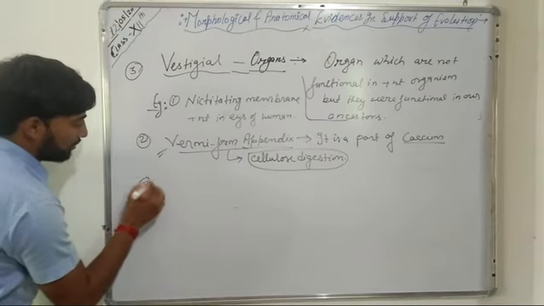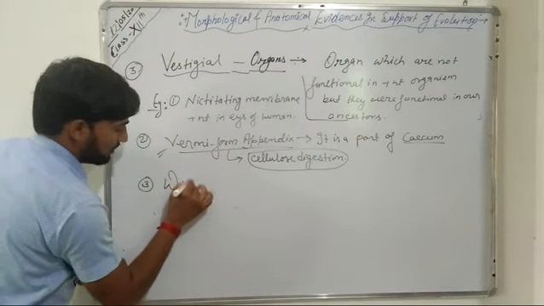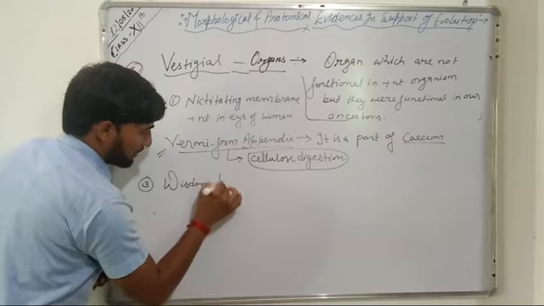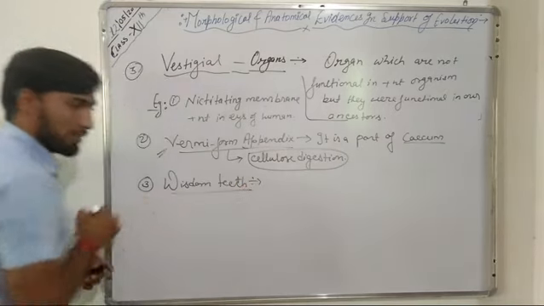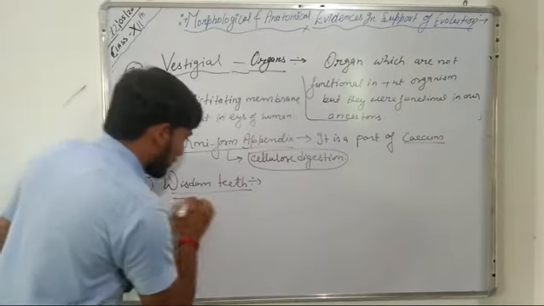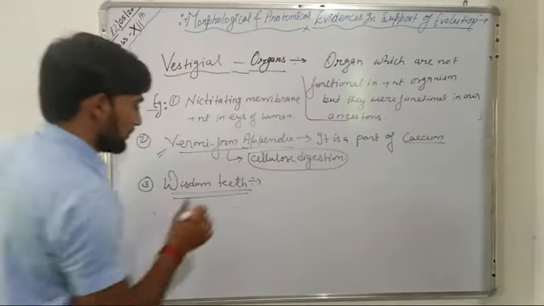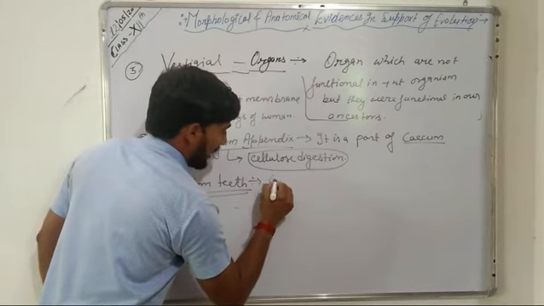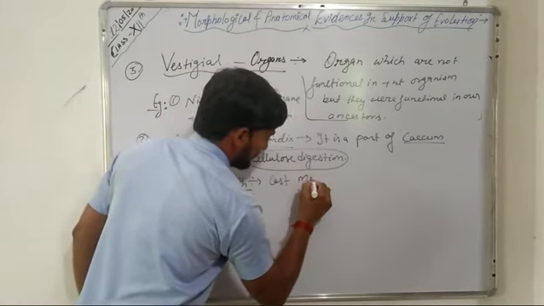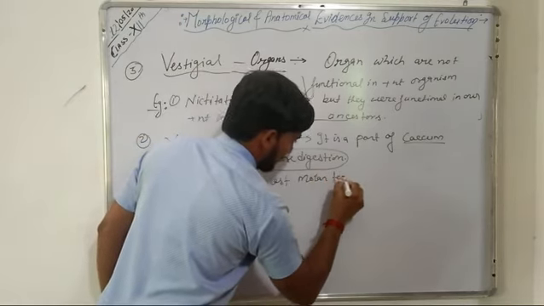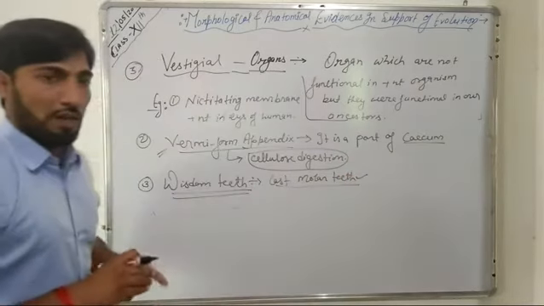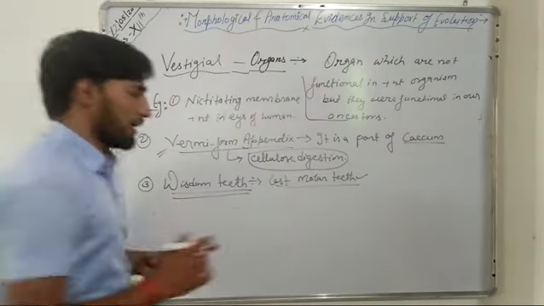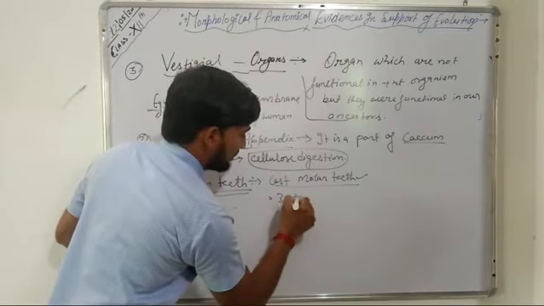The third example is wisdom teeth, also known as akkalzar. These are the last molar teeth, and they usually arise at the age of 30 or plus.